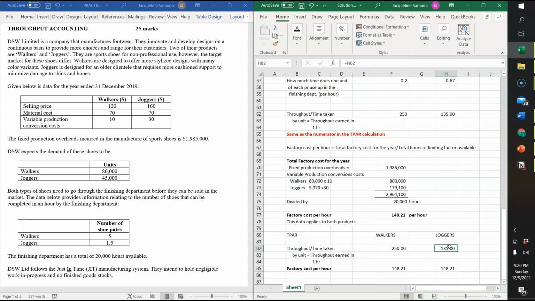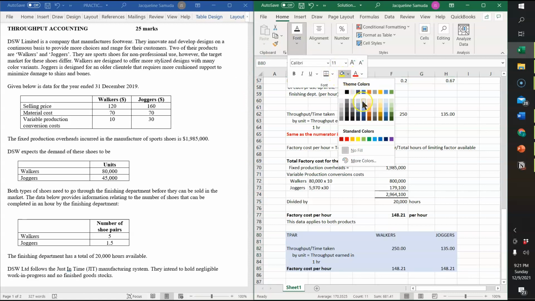During that 1 hour, when the factory is incurring $148.21 of factory cost, the joggers are only earning $135 for the business as throughput. So what it is telling me is that the walkers are the more profitable option than the joggers.